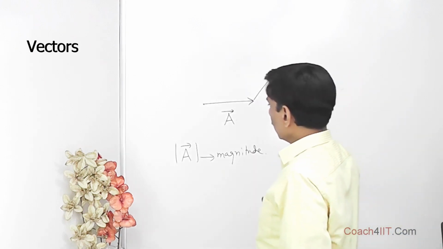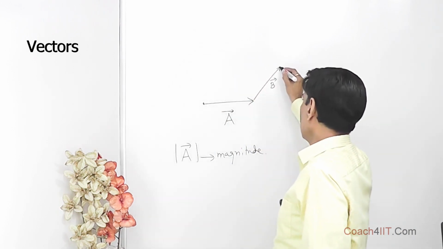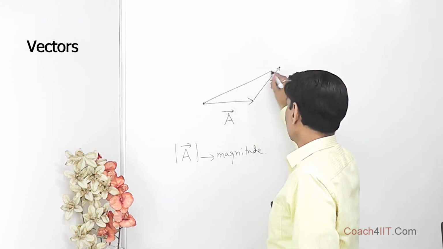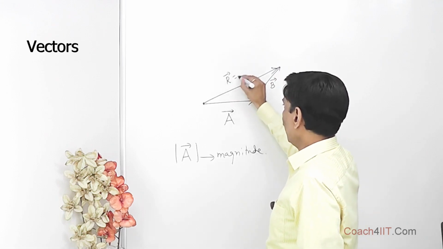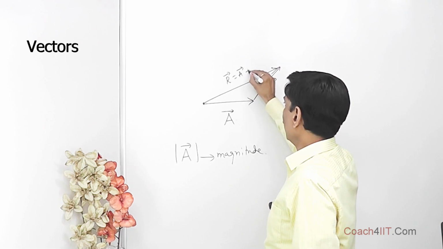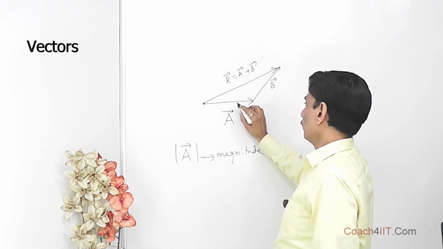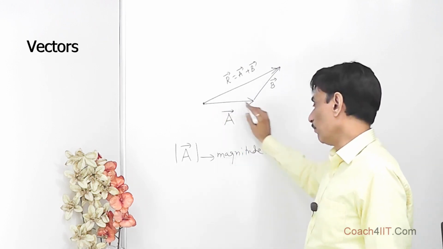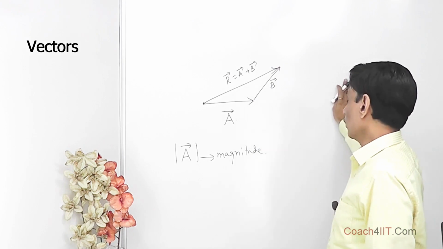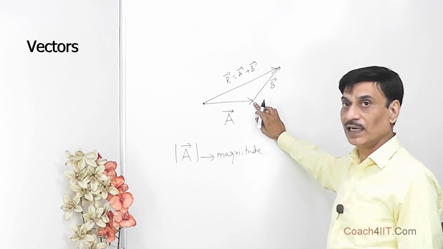Then the resultant is from the tail of the first to the head of the second. When we join it like this, this vector will be called a resultant vector, and this will be said as A plus B. First you take one vector, move a vector parallel to itself, and its tail should join the head of the first vector.